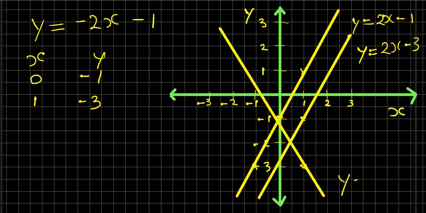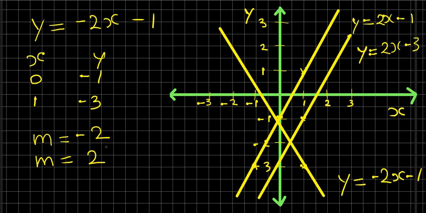Now this is y equals minus 2x minus 1. Note that minus sign before x. In this case, our m equals minus 2. In our earlier cases, m was equal to plus 2. If the gradient is negative, our straight line will slope downwards. If the gradient is positive, our straight line would slope upwards.